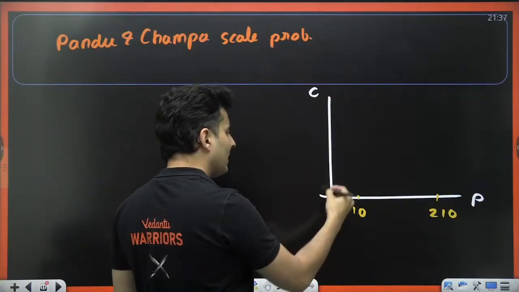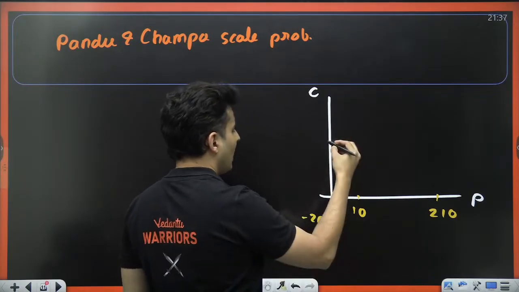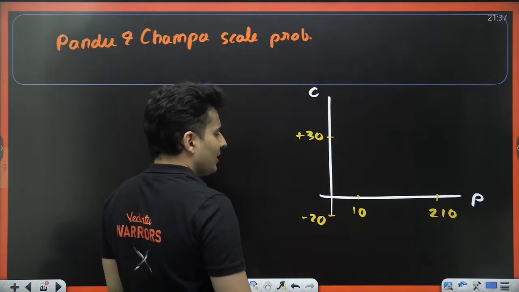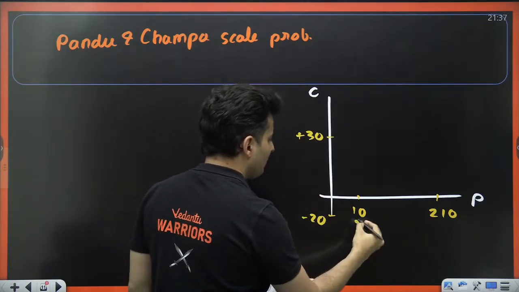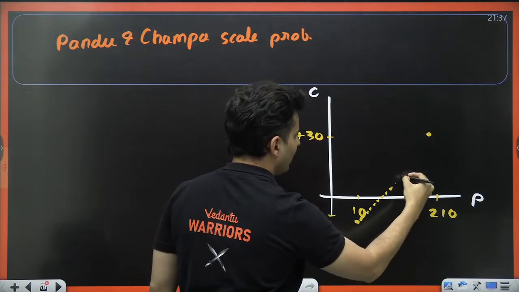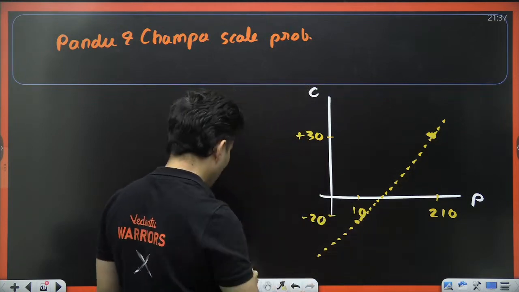I am not drawing it very accurately, but just imagine this is minus 20 and this is plus 30. Just imagine one point here, another point here, and a straight line passing through these points.